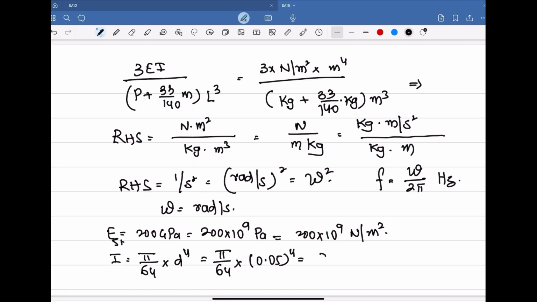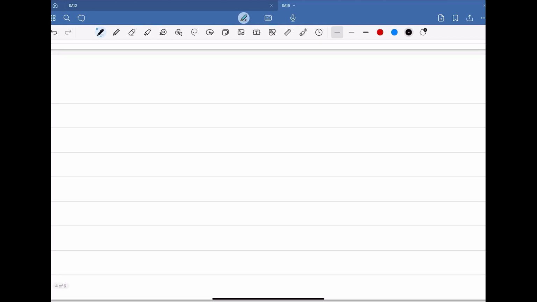That is equal to 3.068 into 10 to the power of minus 7 m to the power of 4, m4. That is the I value.